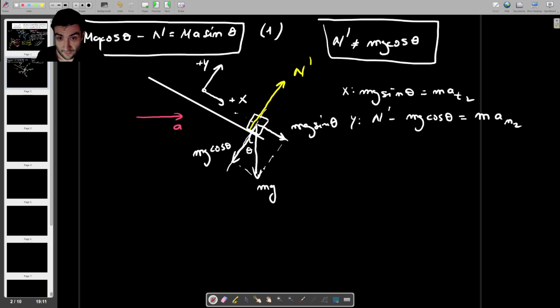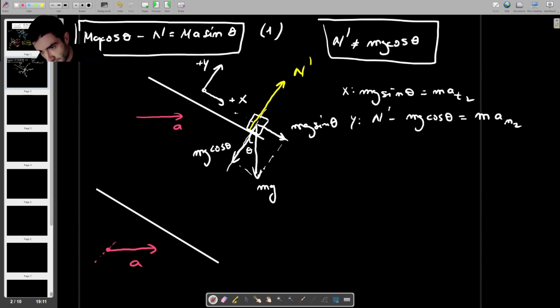Okay, so now we have to apply the same kinematic constraint as before, which is going to be basically identical. So in this case, we have this slope accelerating also to the right, and we're going to look at the acceleration components, trying to make it as accurate as possible. So this is going to be an, and this is going to be at. But now we have to think which one is sine, which one is cosine.